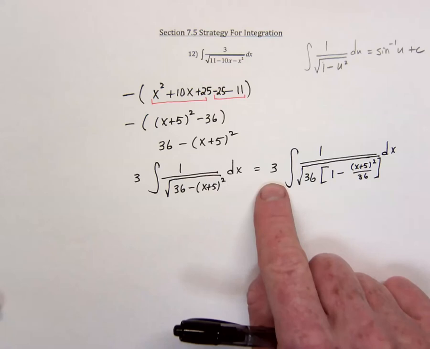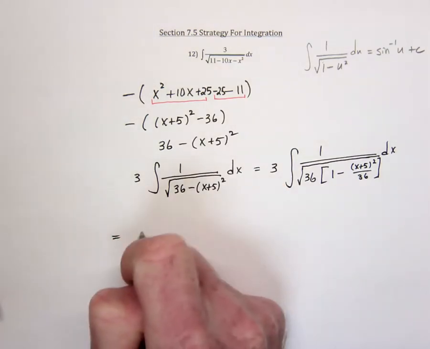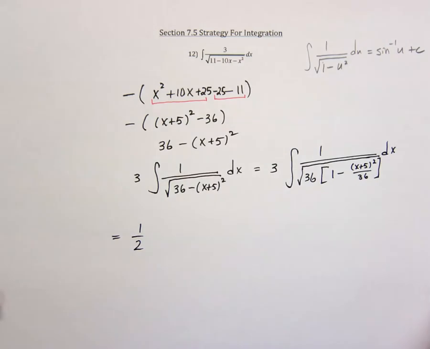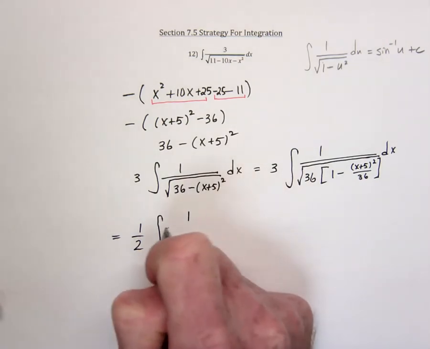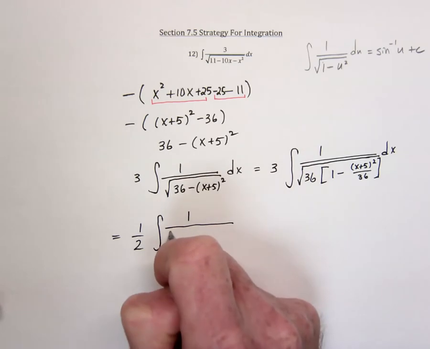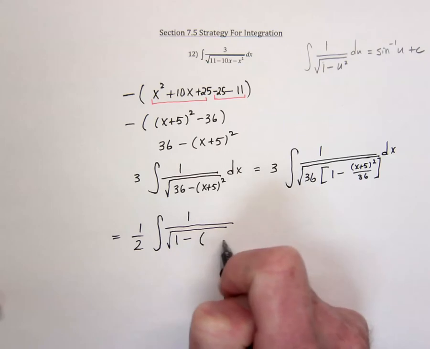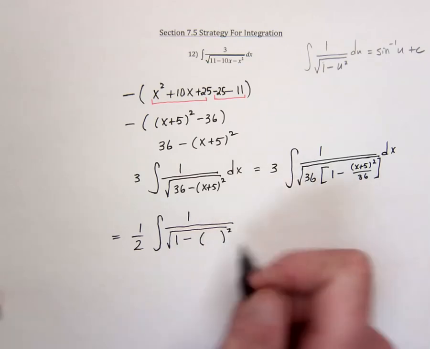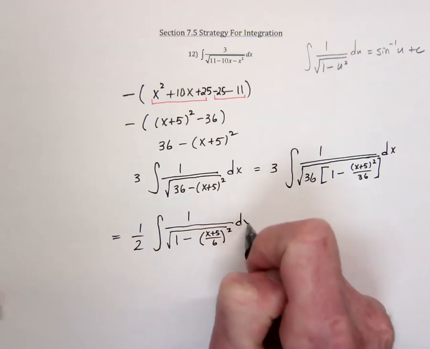Move that 6 in the denominator out here, so it's going to be 3 over 6. So there's the 3 over 6. And then we've got the square root of 1 minus, and then make it one big fraction that's being squared, x plus 5 over 6 dx.